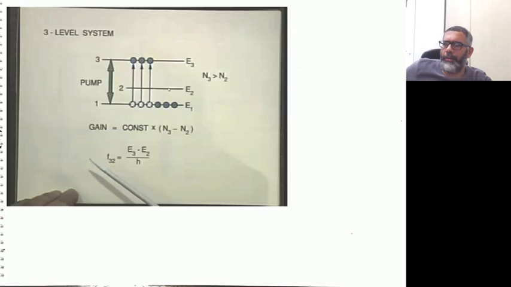Then, after they come from E3 to E2, they can go to E1. If they want to go to E1, they first have to go to E2, then from E2 they go to E1. This is the way, and these are the quantum mechanical transition rules.